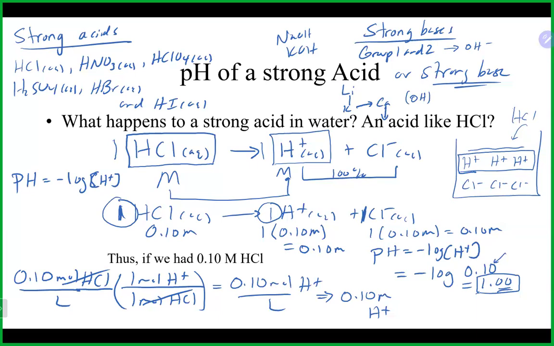Now, we could also do something very similar if we were dealing with a base and we want to know what is the pH of the base. So, for example, if we had a strong base, say like potassium hydroxide or something of that nature, let's just say we had the same guy, but it was 0.1 molar potassium hydroxide, right?